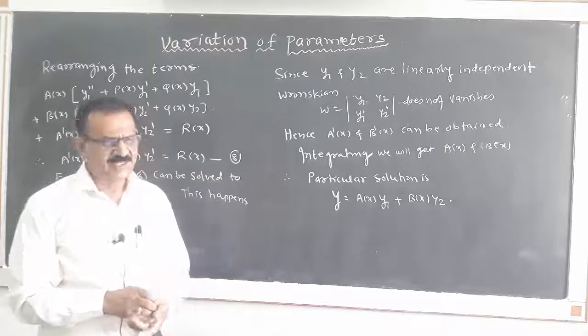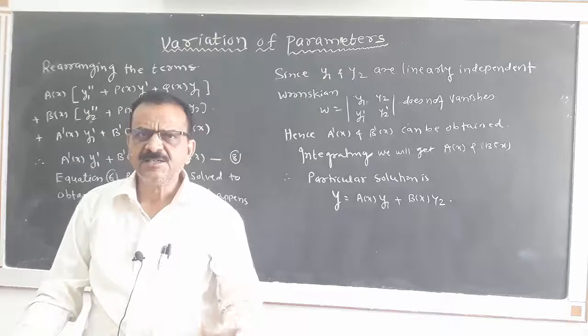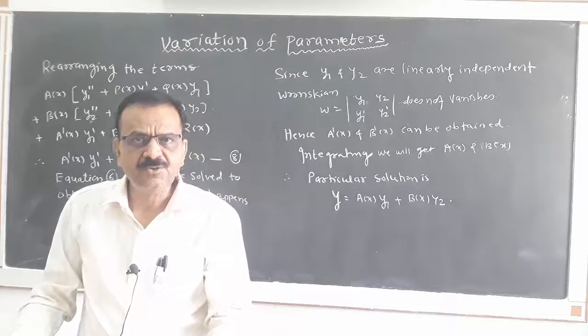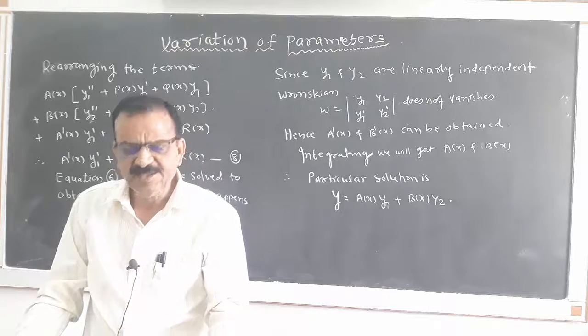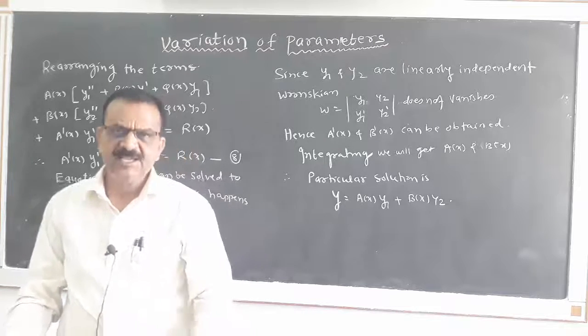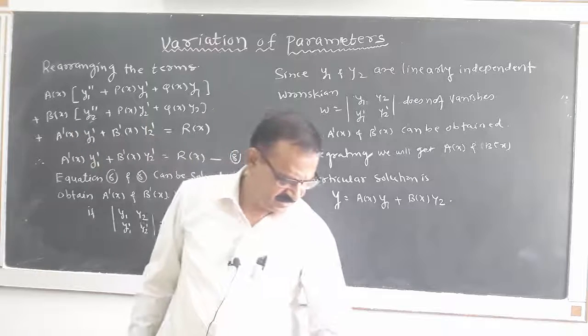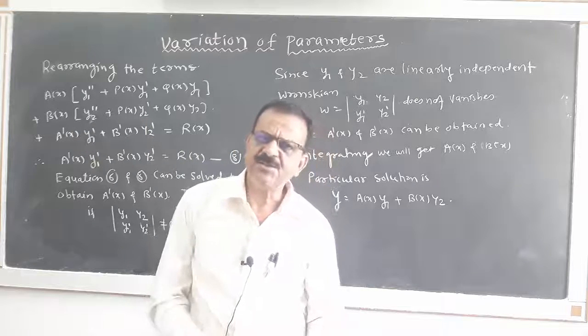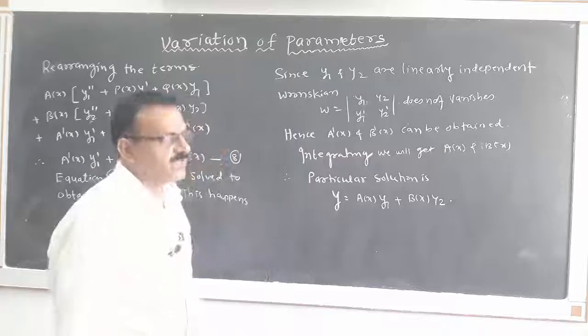Thus, we can obtain the particular solution of the given non-homogeneous differential equation by using the method of variation of parameters. We shall see one example, or we shall solve one example, by using this method.